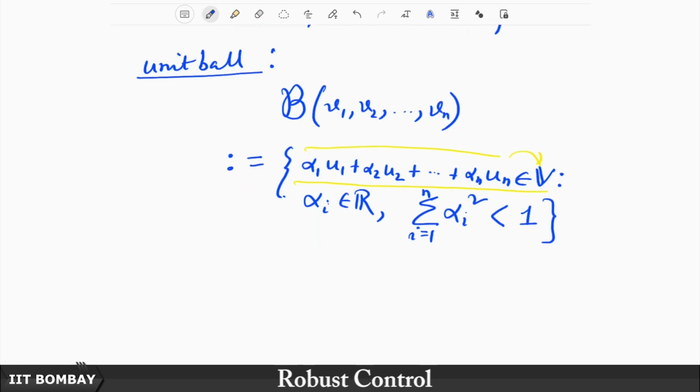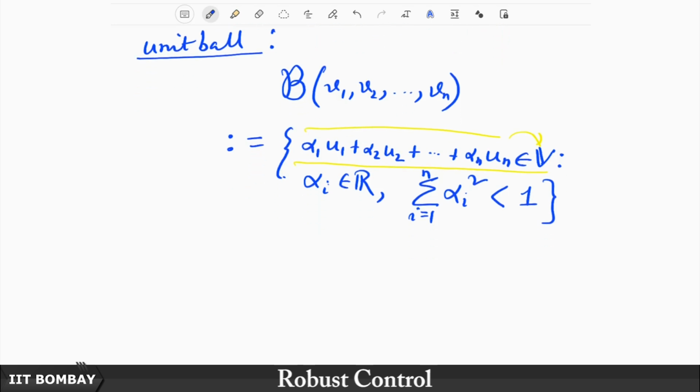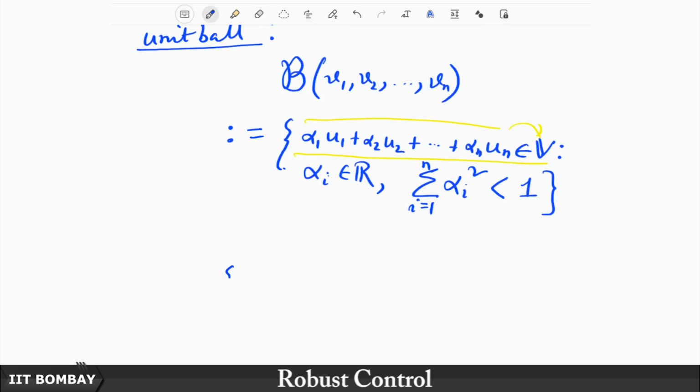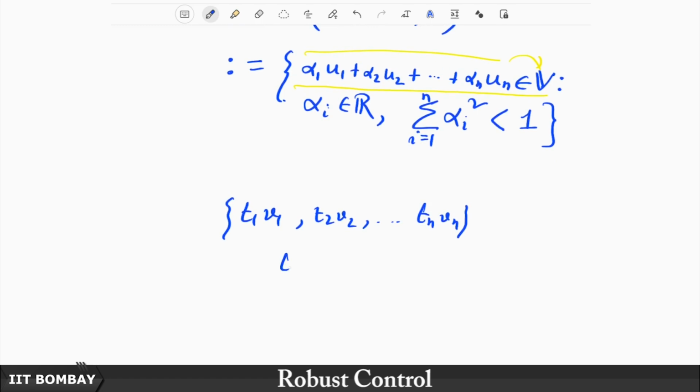So you are very free to choose as a basis T1 V1, T2 V2, and so on till Tn Vn, where the Ti's are not equal to 0. This is also an equally legitimate basis.